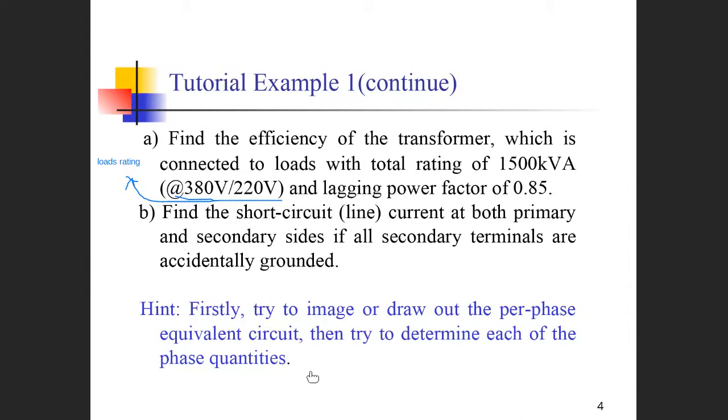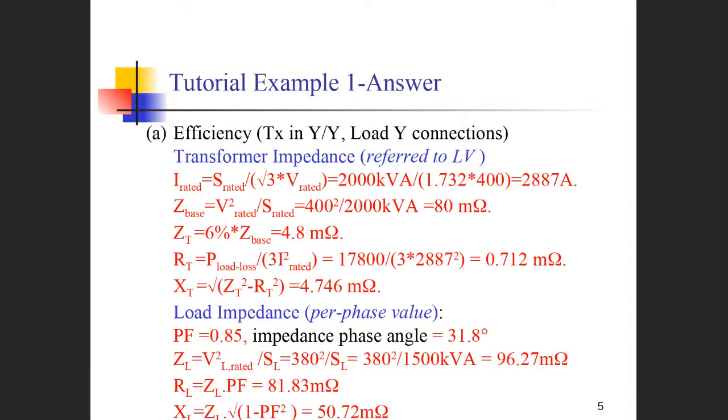Here I will not draw the equivalent circuit, so suppose the circuit is in your mind, which is very simple, as we talked about in the tutorials in the previous two weeks. Now, efficiency of the transformer. We do not know the connection of the transformer, and as a matter of fact it is not necessary to know it. We suppose it is a star-star connection. Then we can estimate the per star phase values.